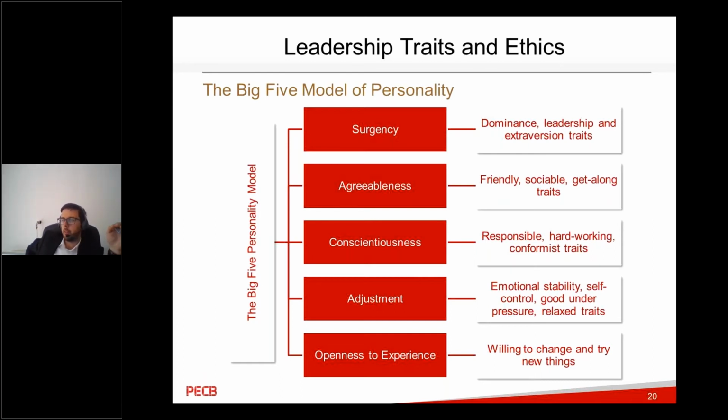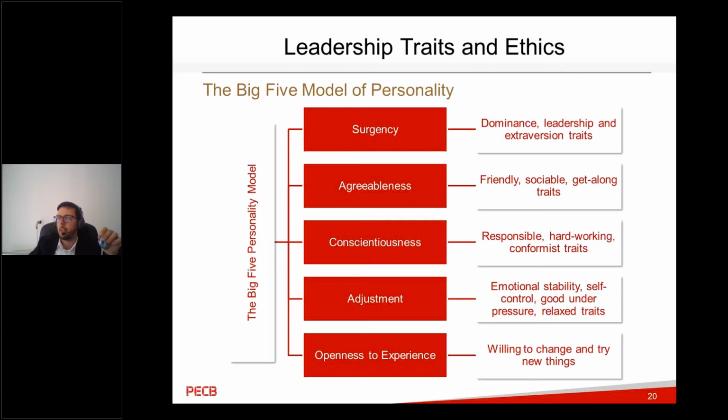As you can see, in each of these dimensions we might have a various number of traits. And also, please know that specific traits might have different names.